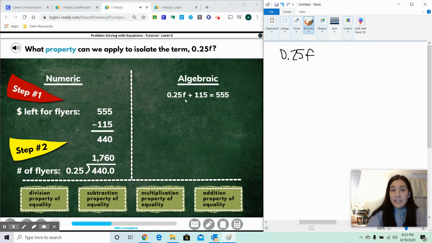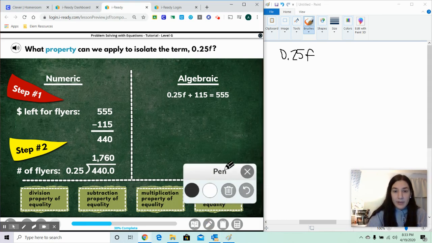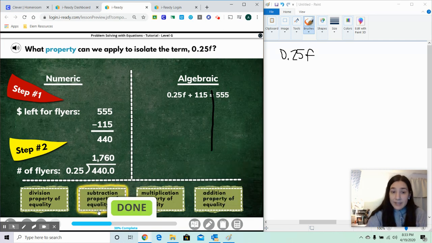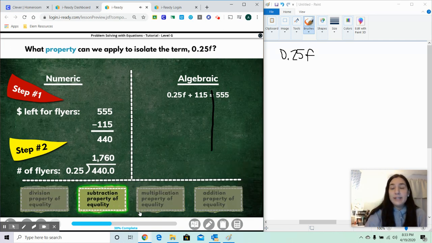Okay, so we want to get this piece alone. The only thing stopping it is this 115. So we're going to subtract 115 from both sides. Great job. So we can use the subtraction property of equality to subtract 115 from each side of the equation.